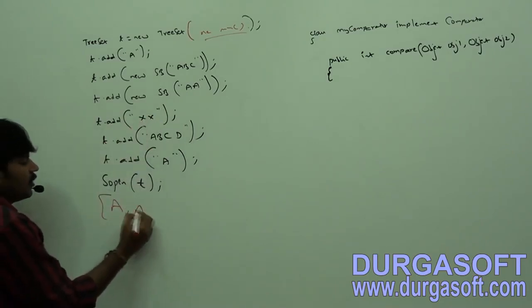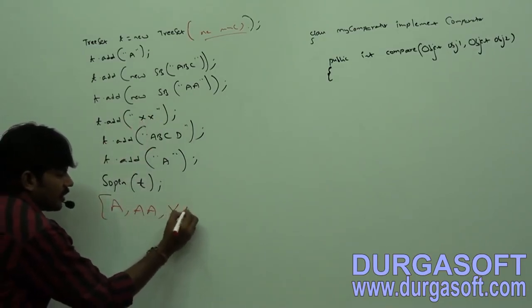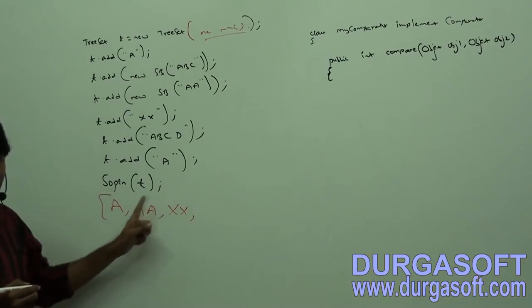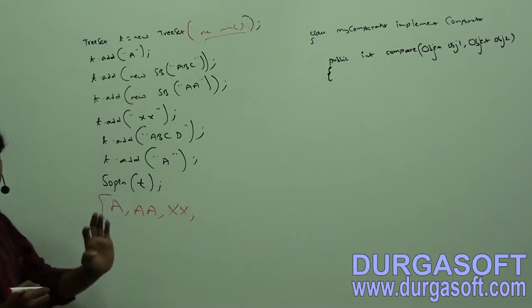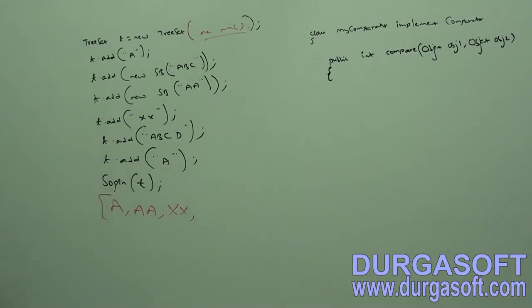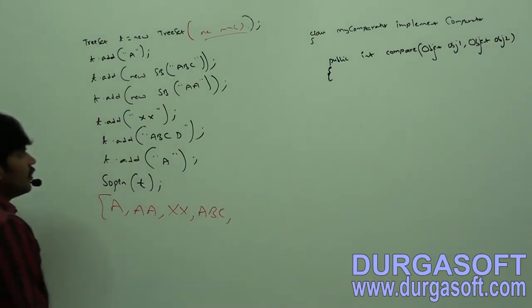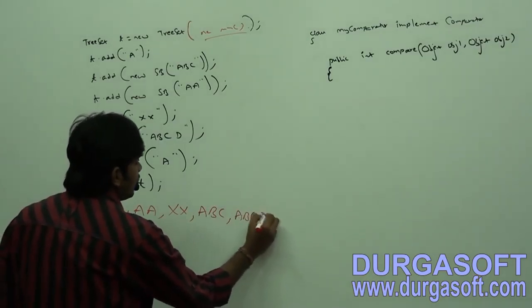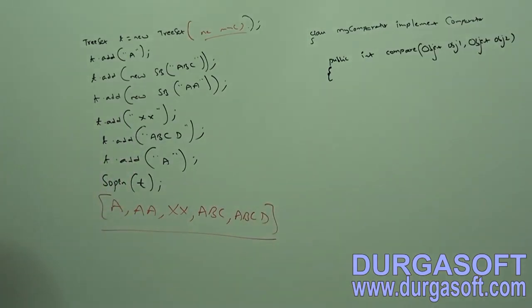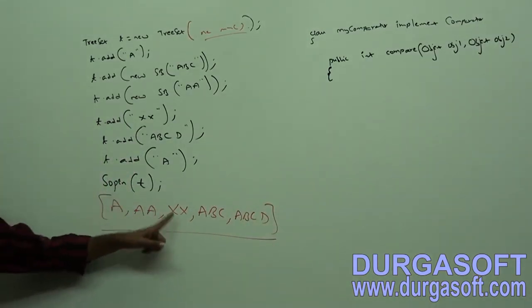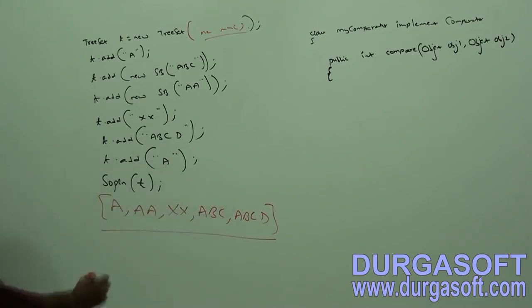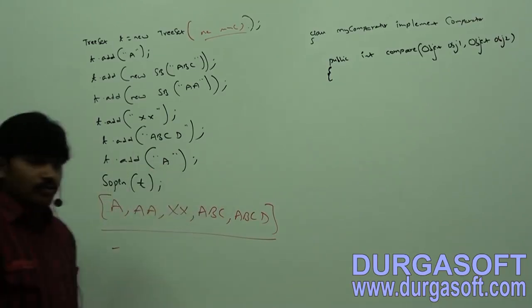Then automatically A and then XX, because consider alphabetical order if two objects have the same length. Next, ABC, 3 length. Next, ABCD, 4 length, right? Are you getting? A, XX, ABC, ABCD like we have. This is our required output, right?